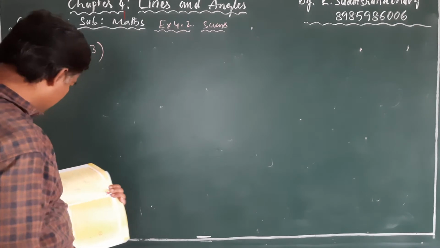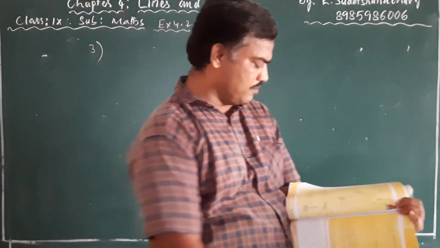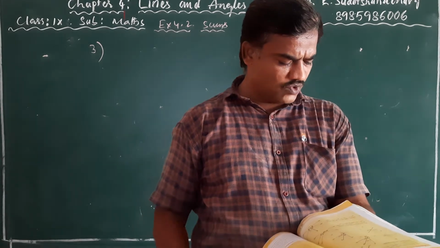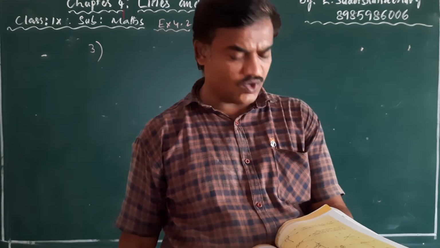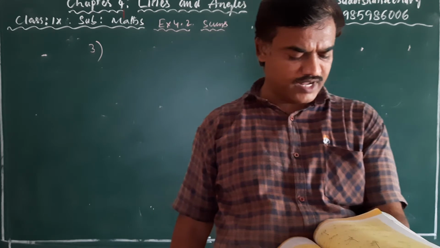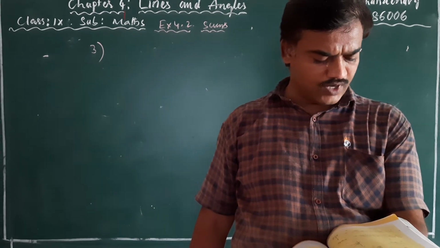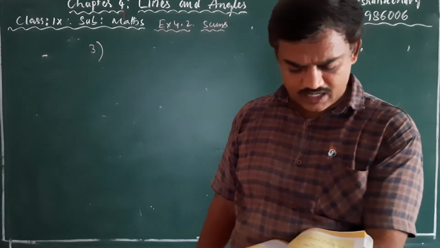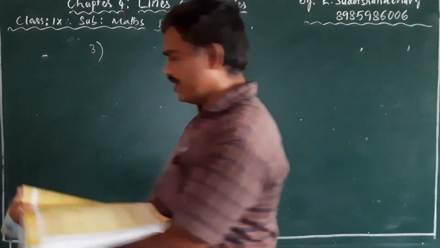Third bit, in the given figure, the lines AB and CD intersect at O. Angle AOC plus angle BOE is equal to 70 degrees is given. Angle BOD is equal to 40 degrees. Find angle BOE and reflex angle COE. Very important question.